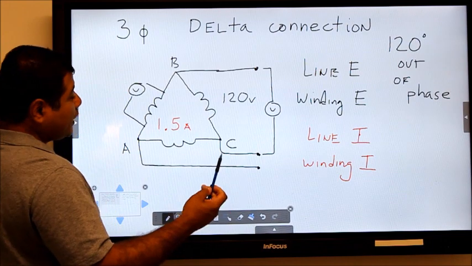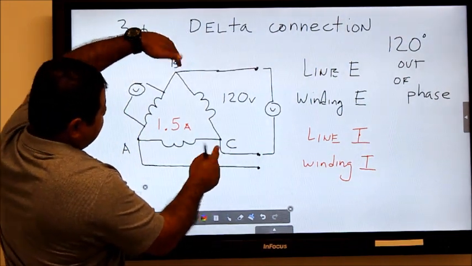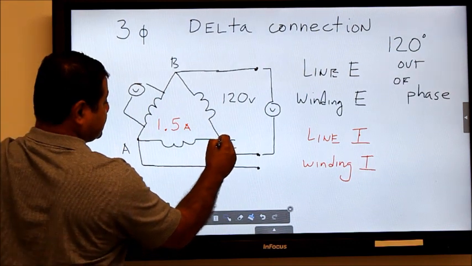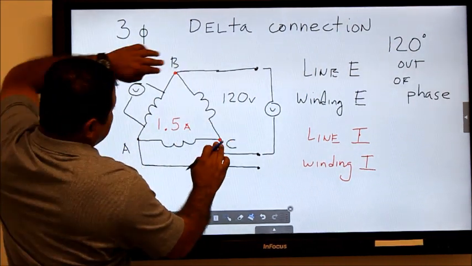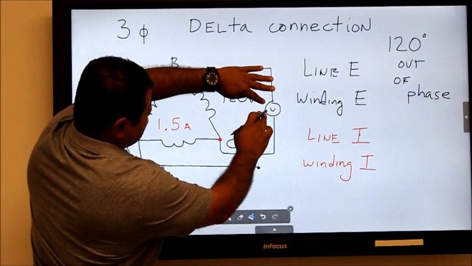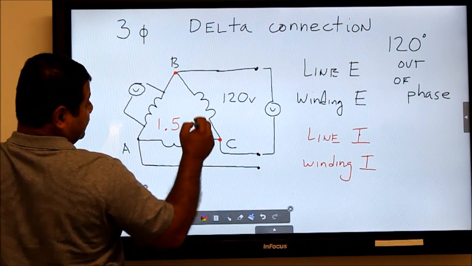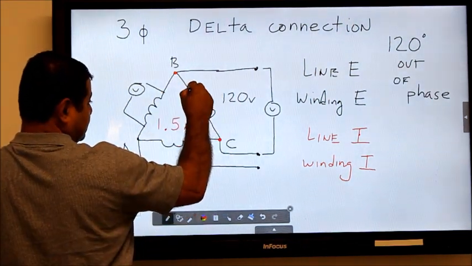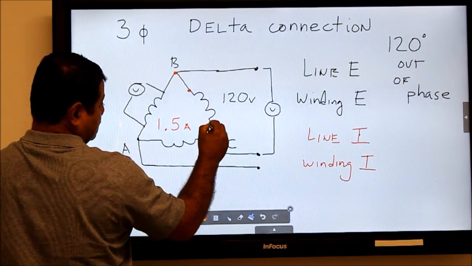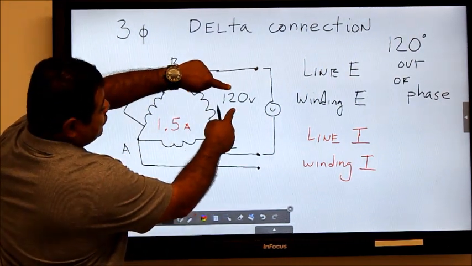First, notice that if I put my voltmeter across the lines right here at these two spots, from B to C phase, the line-to-line voltage is 120 volts. And if I do the same thing with my voltmeter, but now I put it across the winding, just right here, you notice that I get the same voltage.